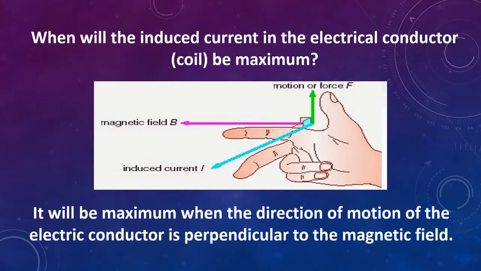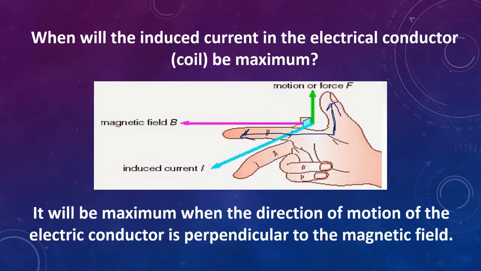This induced current will be maximum when the direction of the motion of the electrical conductor, which is shown by the thumb and which I am marking with blue color, is perpendicular to the magnetic field. And when these two things are perpendicular to each other, only then will the current be maximum.